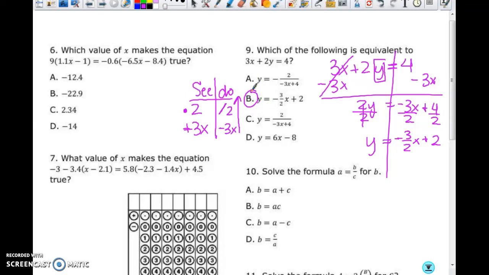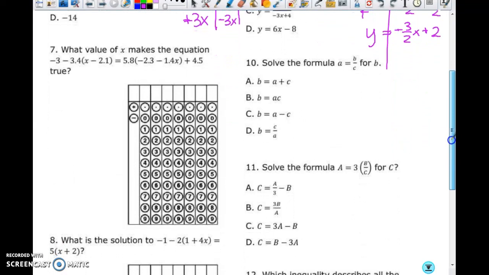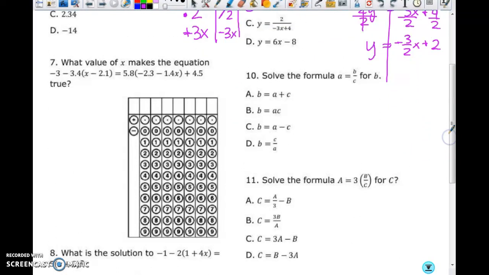Okay? Now, for number 10, this is truly a literal, right? So we're solving for the formula, and I'm getting the B. Again, I want to write this because I want to have a little more room. So A is equal to B over C. So we're solving for B. So again, what do you see happening to B? I see that it's being divided by C. So if it's being divided by C, how do I get rid of it?